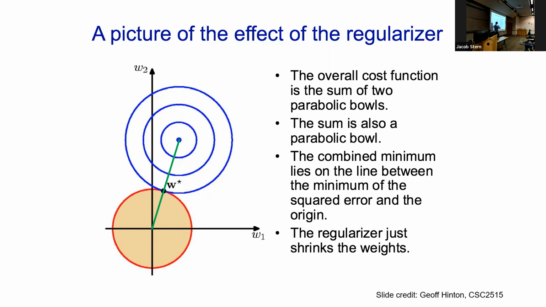The optimal weights, in the case of L2 regularization, will occur at the intersection of those two bowls. The combined minimum will lie on the line between the minimum of the squared error and the origin, assuming our squared error is also hyperbolic.